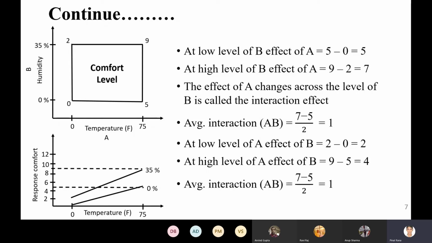That is mainly because of the interaction effect. As the value of interaction increases, the difference in the slope will also increase. Here the interaction value is 1, so there is a small change in slope. If the interaction value of AB is 0, then these lines will be exactly parallel to each other.